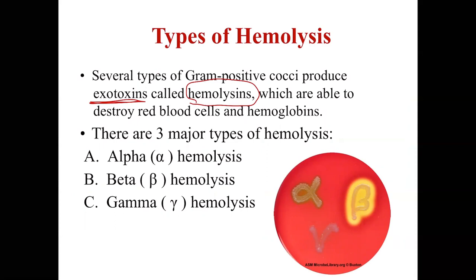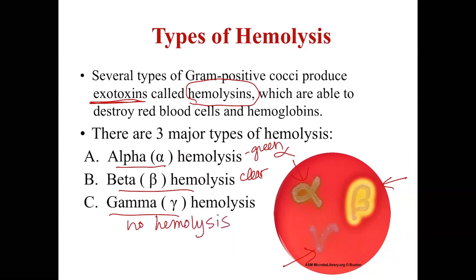There are 3 major types of hemolysis. The first one is alpha. See, it looks like an alpha, and alpha looks green. Beta is this one, and it looks clear. And then gamma is no hemolysis.